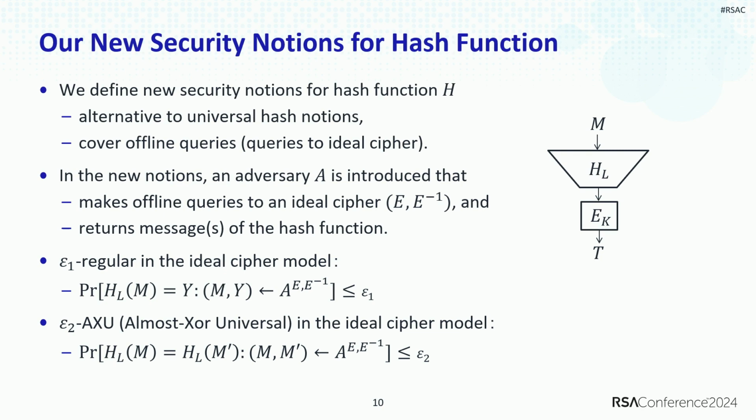The next is epsilon2-almost-XOR-universal hashing in the ideal cipher model, where the adversary's goal is to find a message pair with a collision.